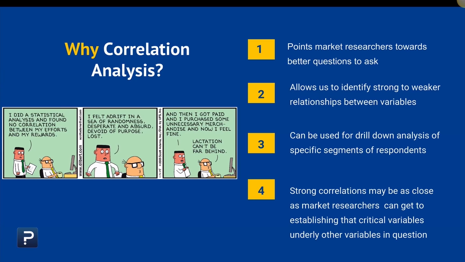So one of the things that correlation can do and why it's important in market research is that it does point market researchers towards better questions to ask. And it also allows us to identify strong to weaker relationships between variables. And it can be used to drill down, analyze or look at specific segments of respondents.